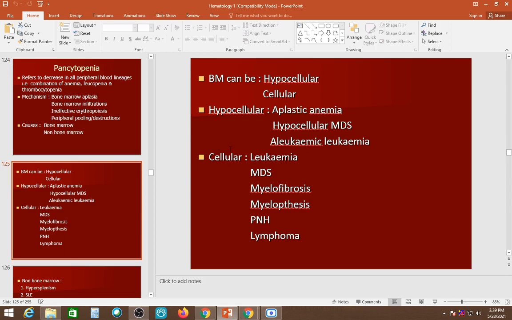And under cellular marrow, enough cells are there, but it has been infiltrated, like leukemia, then myelodysplastic syndrome, myelofibrosis, myelophthisis, then PNH and lymphoma. Okay, these are the causes of a cellular bone marrow.